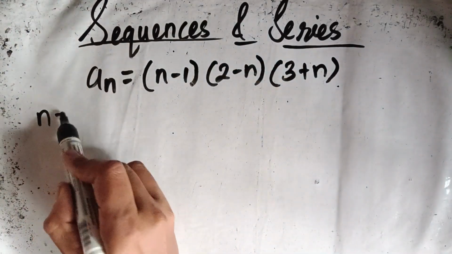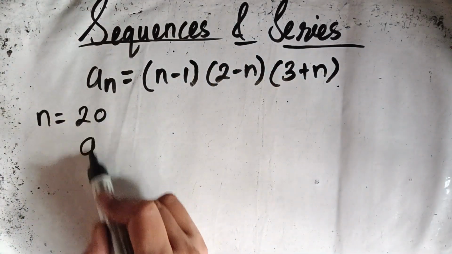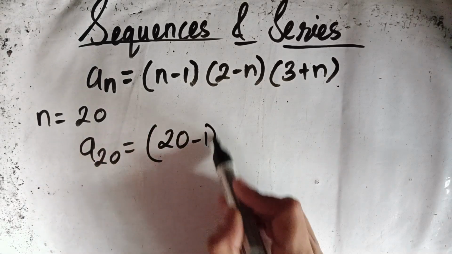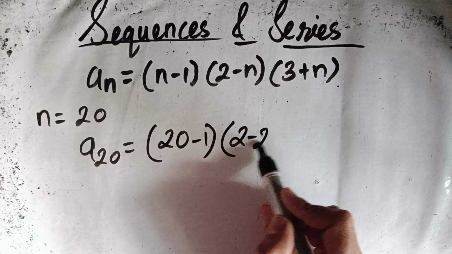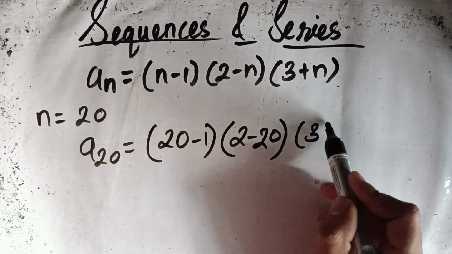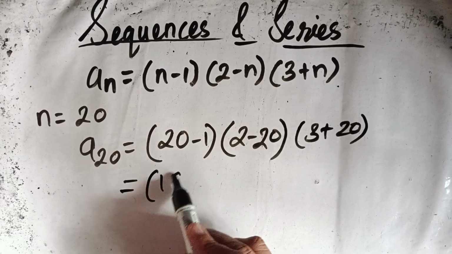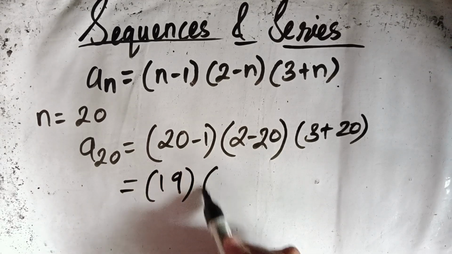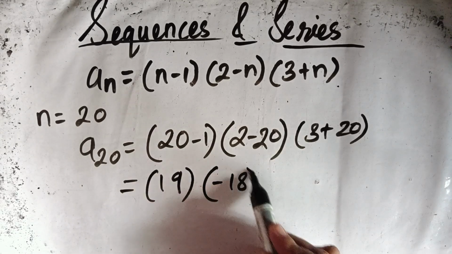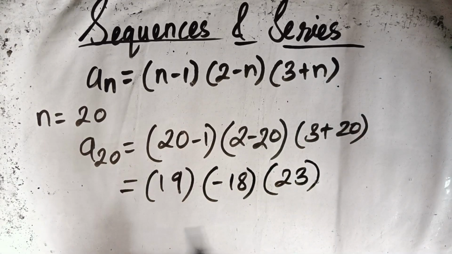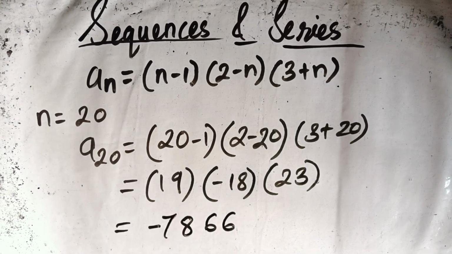So in place of n you have to put 20. Minus 1, 20, 20. Okay, so this is 19, 18, 23. Then you have to multiply it. So the answer will be negative. It comes to 7866.